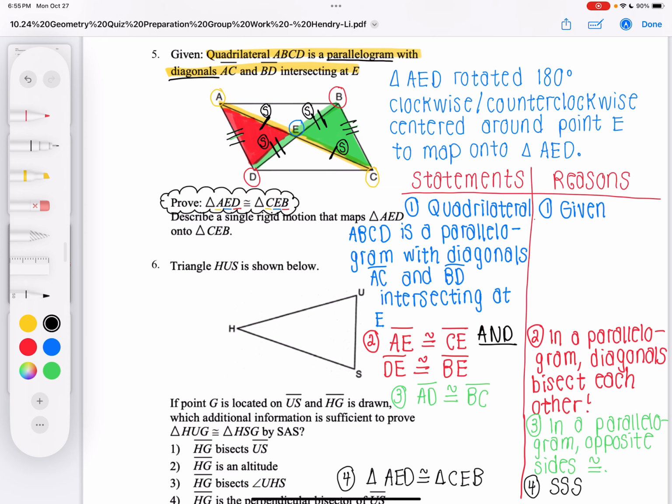Therefore, we know that angle CAD is congruent to angle ACB. And so we can say that those two angles are congruent because alternate interior angles are congruent. And therefore, we can either do angle side angle or side angle side.